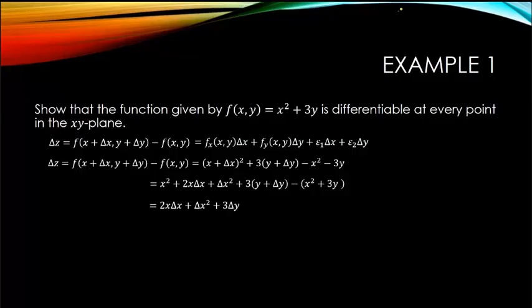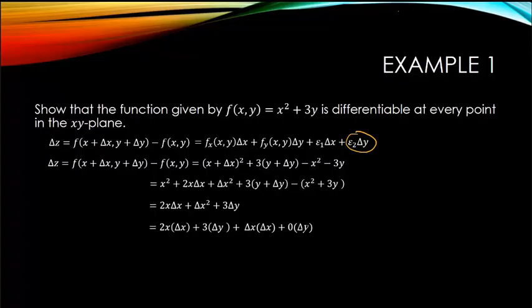Notice that 2x is fx and 3 is fy. I'm going to rewrite this with some parentheses. I get 2x delta x plus 3 delta y plus delta x times delta x plus 0 times delta y. I have to put that 0 in there because I want to be sure that I have the epsilon 2 delta y term accounted for.